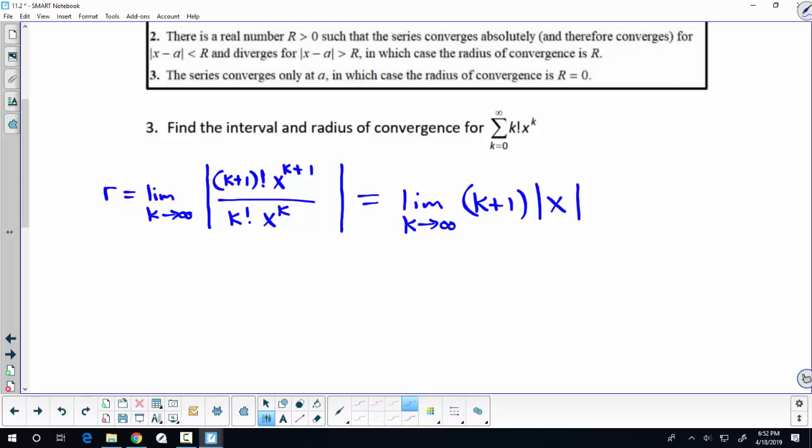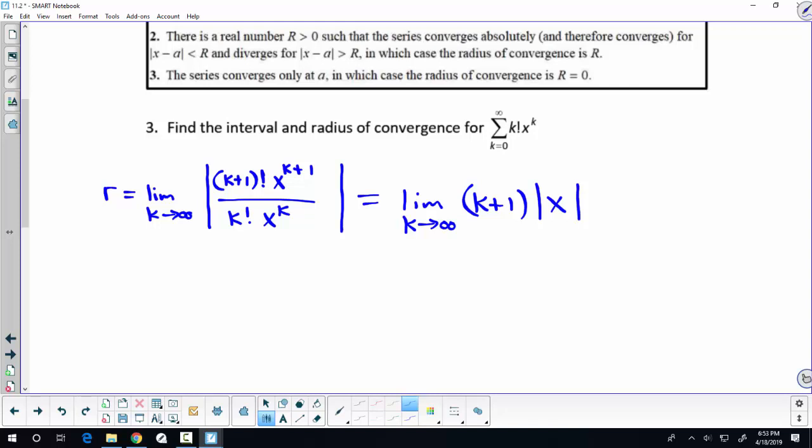Do you all agree? Why is it k plus 1 and not a different expression? Because k is out here at infinity, and we think about k starting at 0, 1, 2, 3, 4, 5. You wouldn't really need the absolute value.